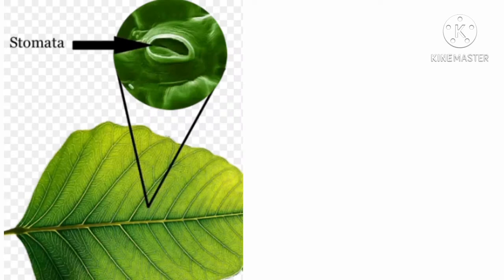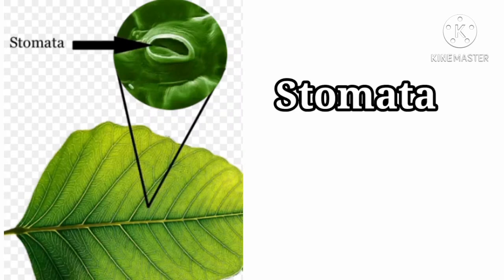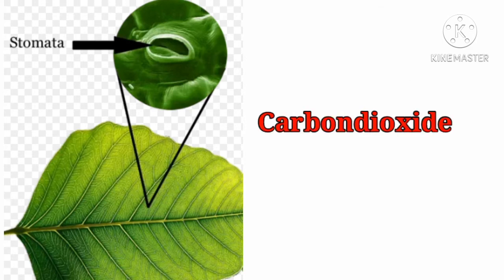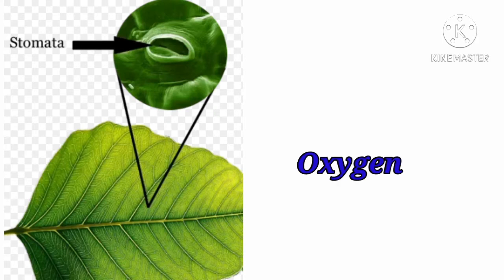Children, on the surface of the leaves, there are tiny pores or openings called stomata. Through these pores, leaves absorb carbon dioxide and release oxygen during photosynthesis. So, these stomata help in gaseous exchange in plants.